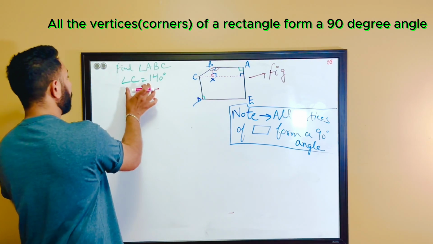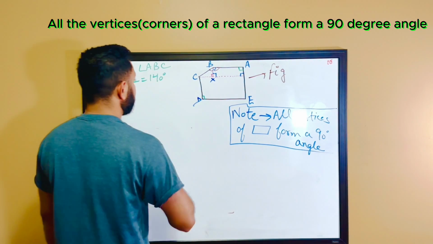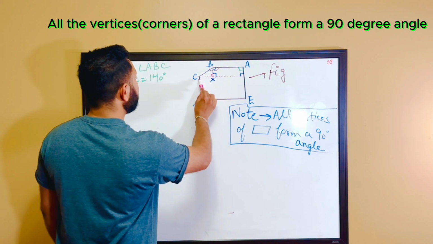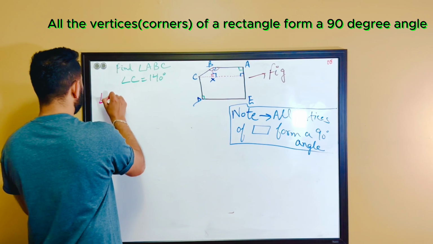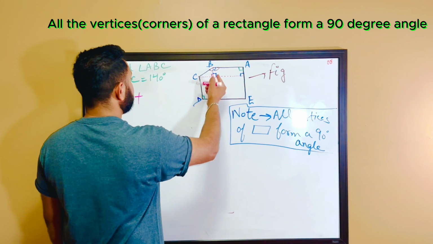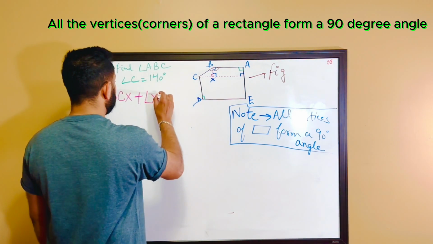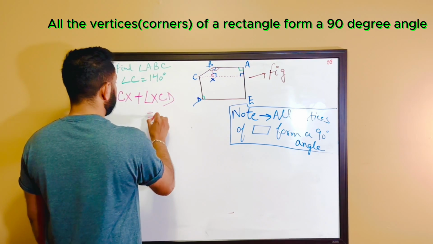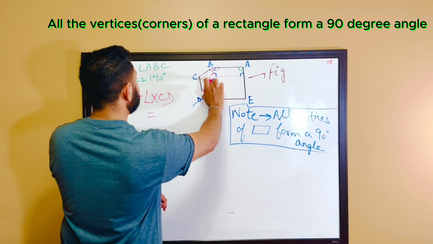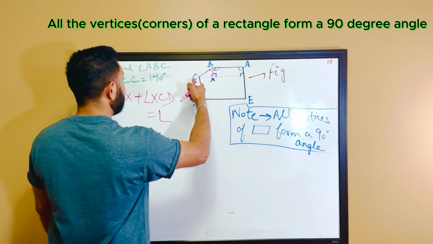So let's emphasize what is given to us. We are given angle C, which is 140 degrees. So let's say angle BCX and XCD, like BCX and XCD, this is BCD.